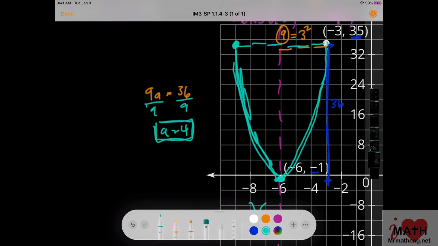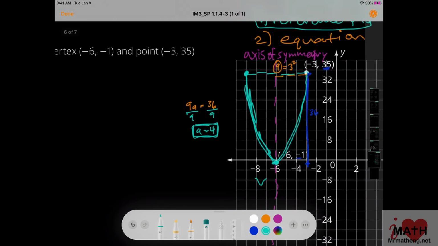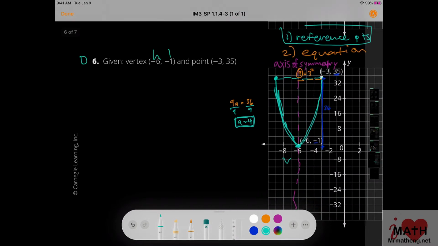Okay, and to write your equation, you would just take your h and your k. y equals 4 times (x minus 6) squared minus 1. So if you just clean that up, 4(x + 6) squared minus 1 is your answer. Okay, that's using reference points.